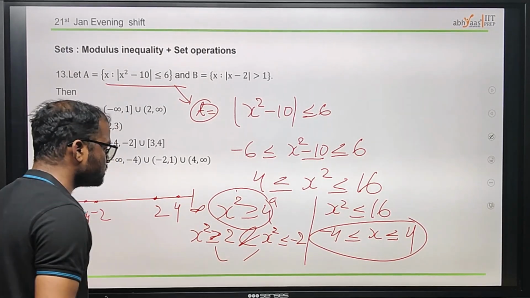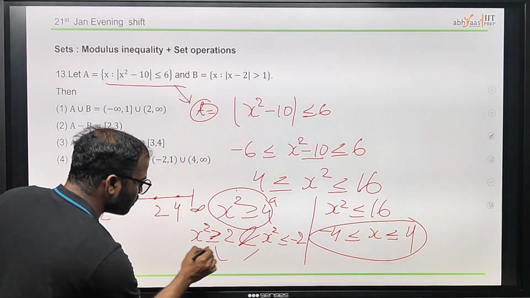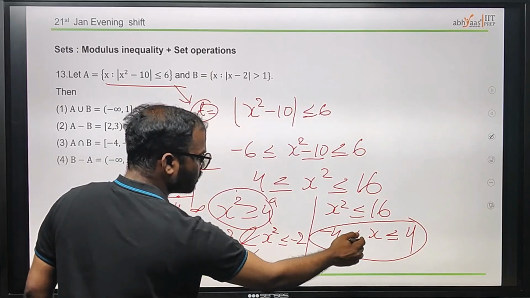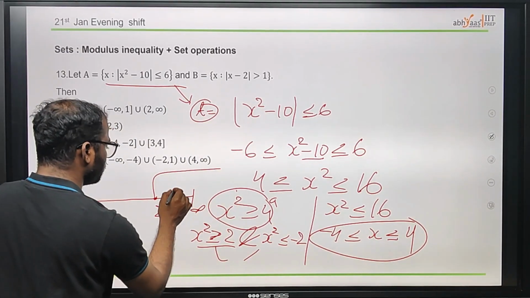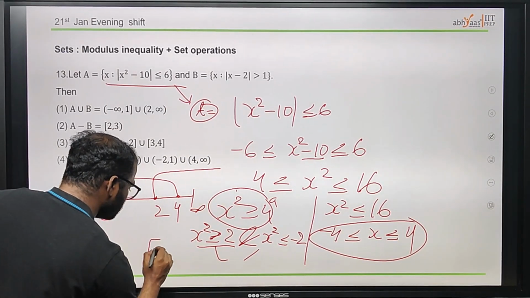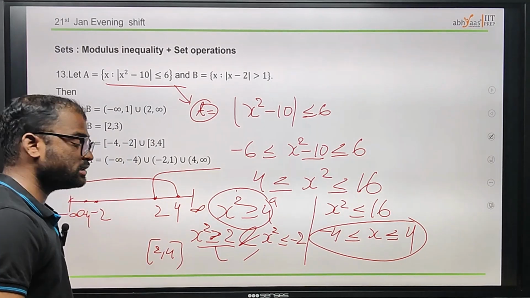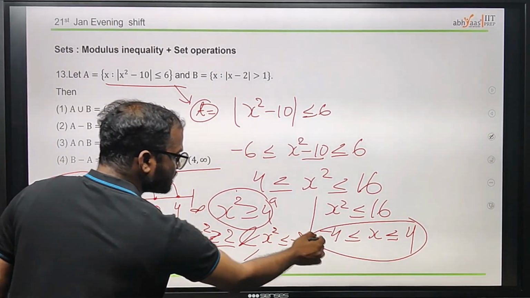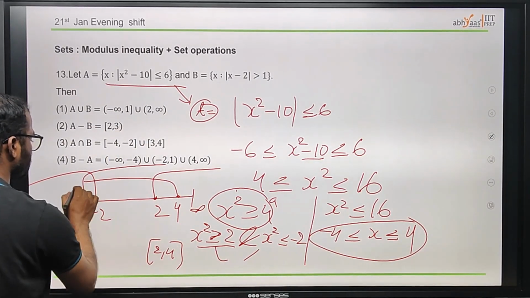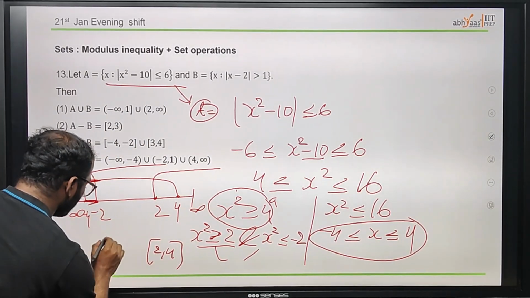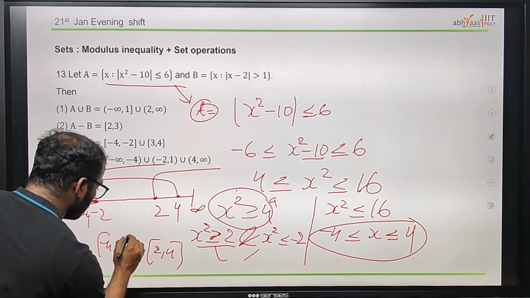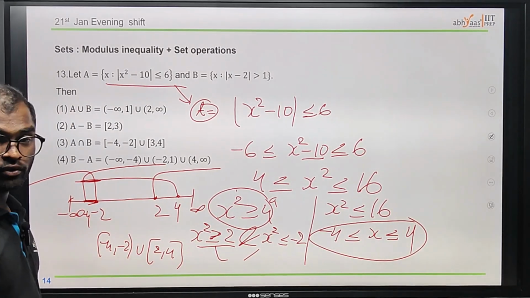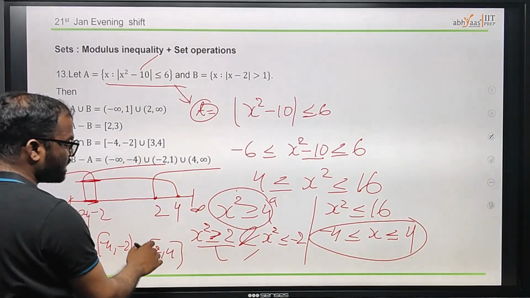If you see x greater than or equal to 2 and x less than or equal to 4, therefore minus 2 comma 4 is the region. Another one, x less than or equal to minus 2 and x greater than or equal to minus 4, therefore minus 4 comma 2, union. This is the region we have for set A.